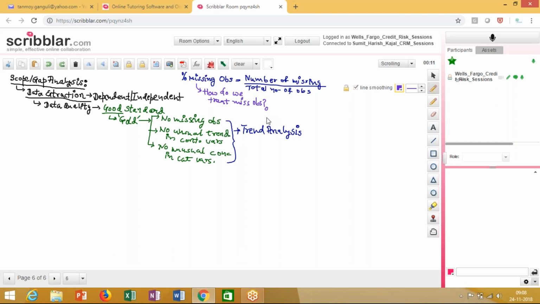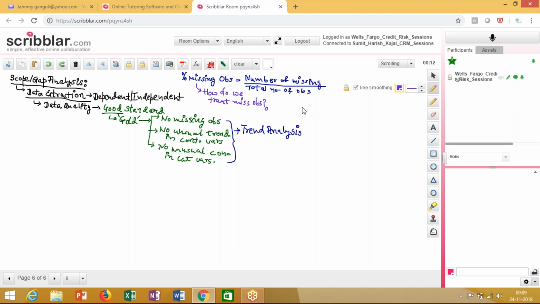First, one major reason is that observations may be missing because of negligence. That the person who was entering the data, because of his negligence, the observation is missing today, right? So from the perspective of missing observations, we need to understand the reasons.